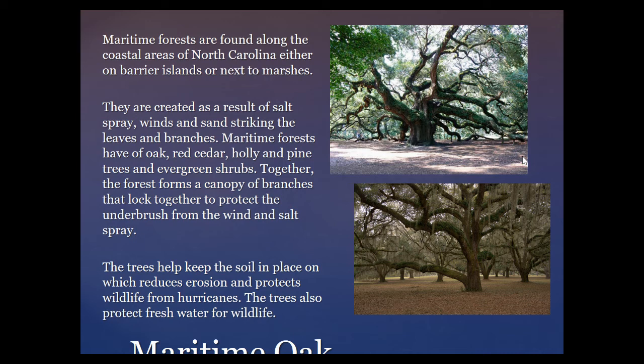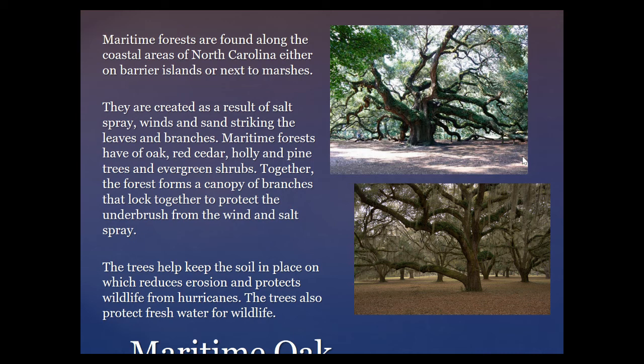And so what happens is, as the salt spray and the wind and the sand is hitting all of these things, it creates these forests where the branches and the leaves are really spread out, and they create a kind of canopy, or like a kind of cover over top of the forest, because there are so many branches spread out and so many leaves that it creates a cover on the top.